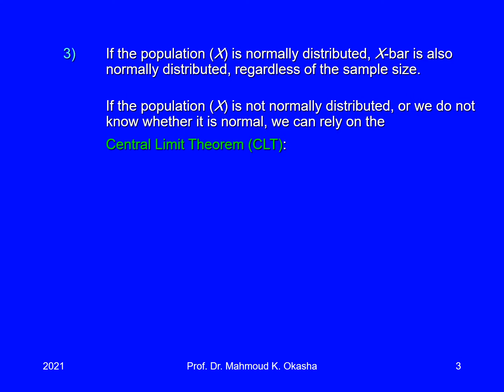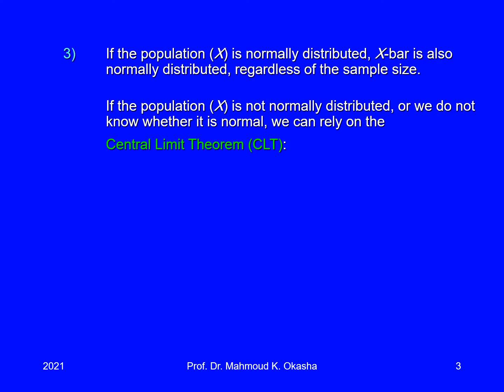And the other thing: if the population X from which we draw the sample is not normally distributed, or we do not know the distribution of X, then we do not know the sampling distribution, the distribution of X bar.